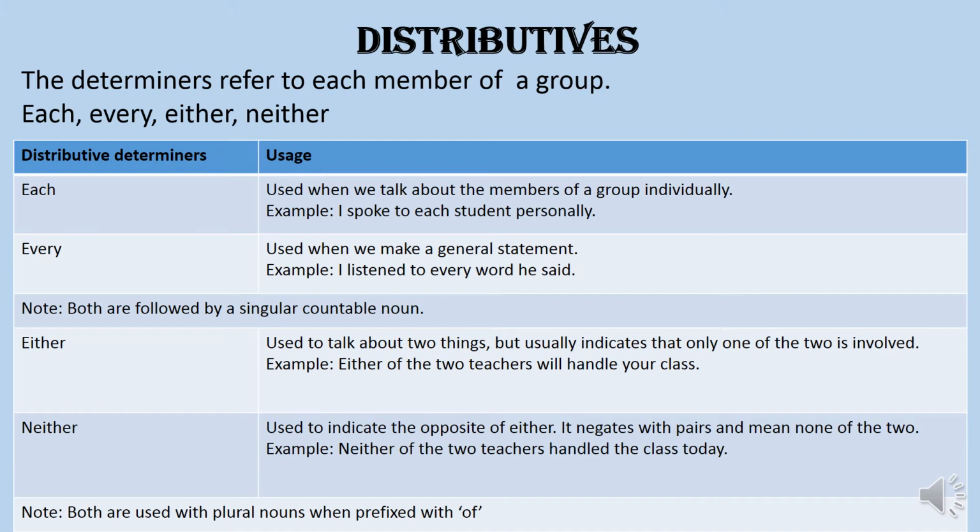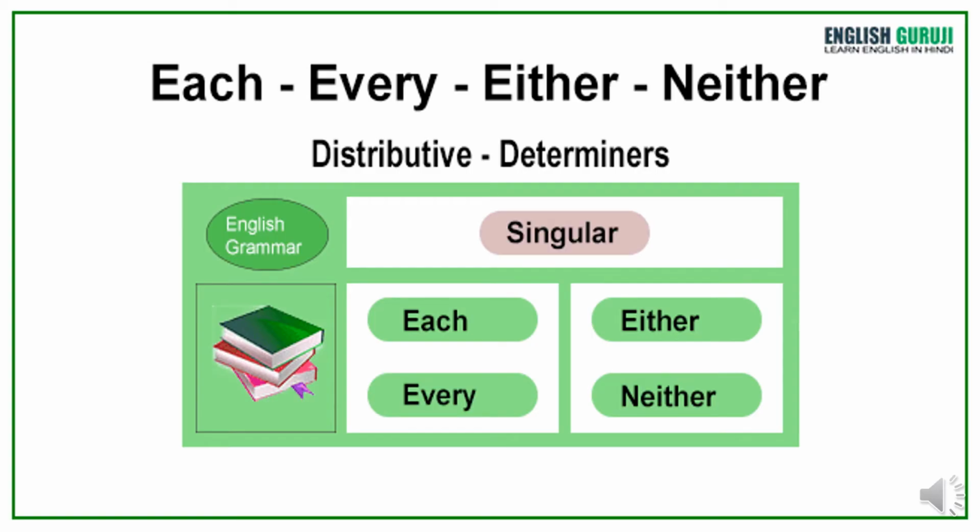So here, neither of the two teachers handles the class today. The point to be noted here is both are used with plural nouns when prefixed with of. So, just a recap: each, every, either and neither are distributive determiners and they go with singular.